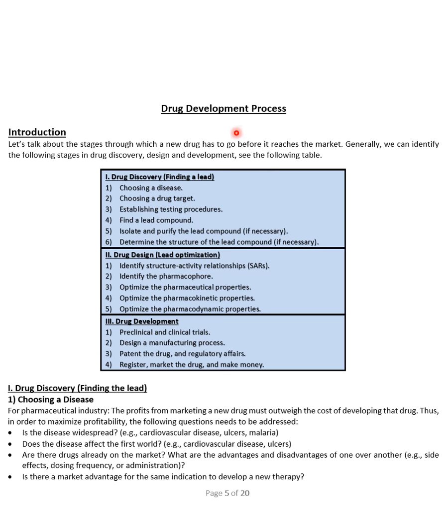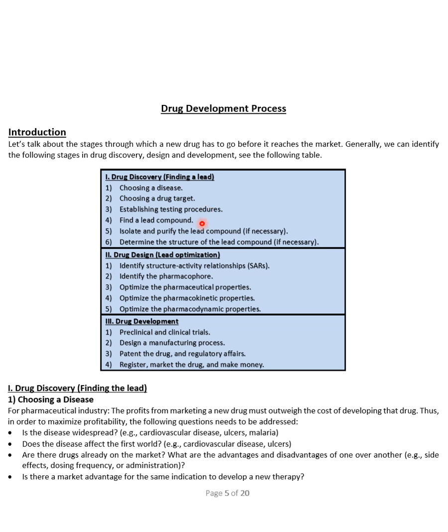Okay, let's talk about the drug development process, which goes through the discovery of the drug, modifying the drug or optimizing the drug, and then the development of the drug, which is basically manufacturing and preclinical trials. So from the first stage of finding the lead, which has 6 different steps, starting with choosing the disease, choosing the drug target for that disease, and then establishing the testing procedures that are appropriate for the drug target and the disease, and then finding a lead.